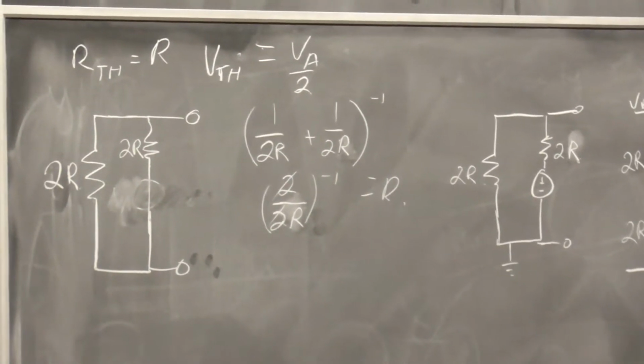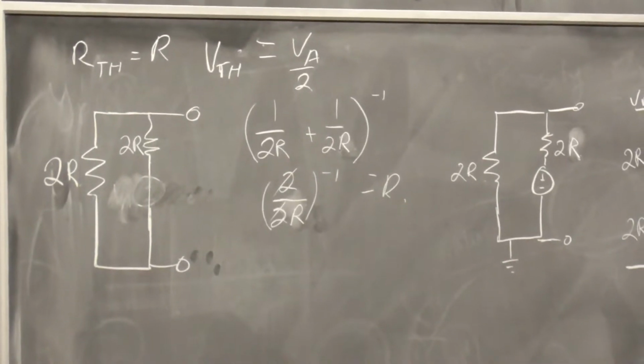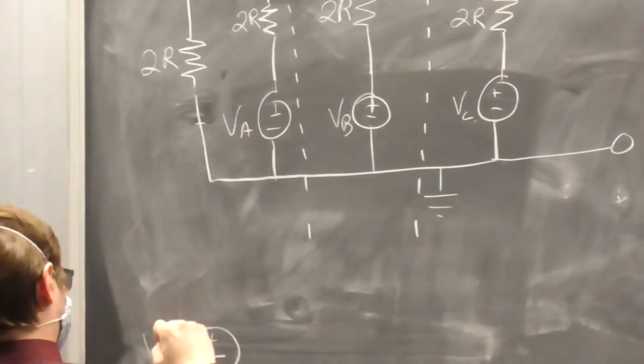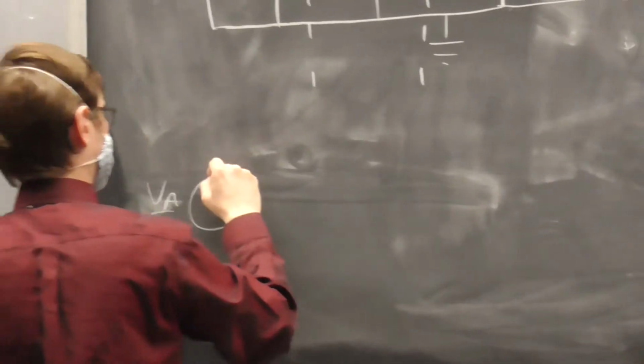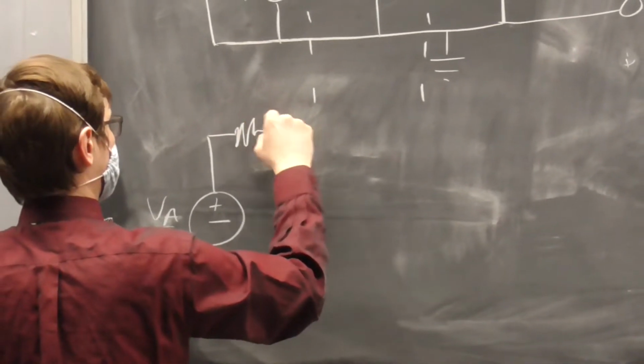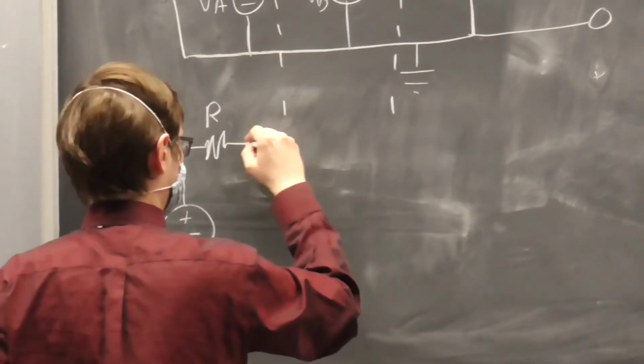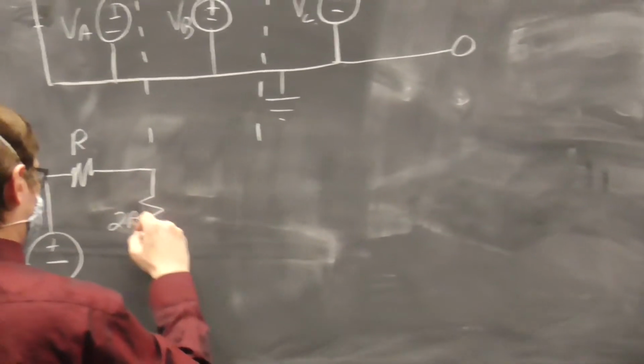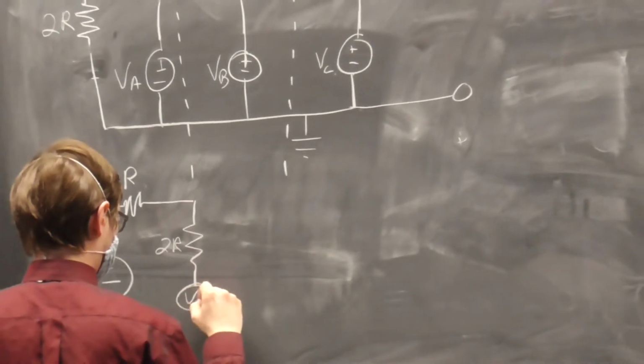So, let's iterate on this guy. So we now can simplify the circuit. VA over 2. R. 2R. VB.